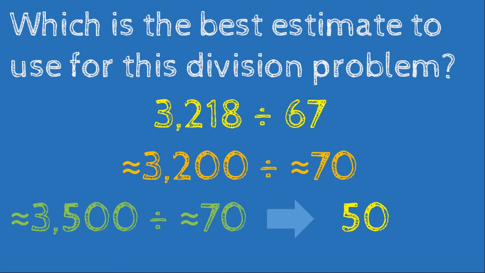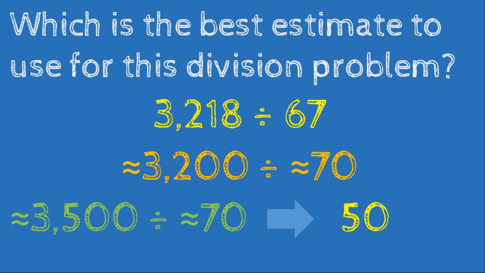The easiest way to make that division problem work would be if we know our multiplication table. So 3,200 divided by 70 is not an easy division problem. But since we know our multiplication table, we know that 7 can easily be multiplied to reach 35. 7 times what equals 35?